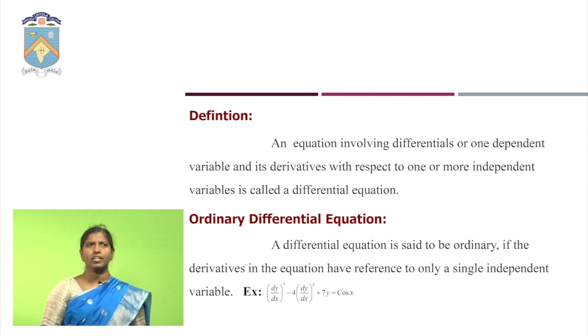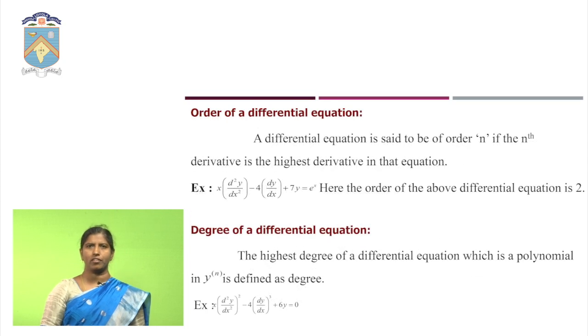A differential equation is said to be ordinary if the derivatives in the equation have reference to a single independent variable. A differential equation may have one or more independent variables, whereas an ordinary differential equation should have only one independent variable.